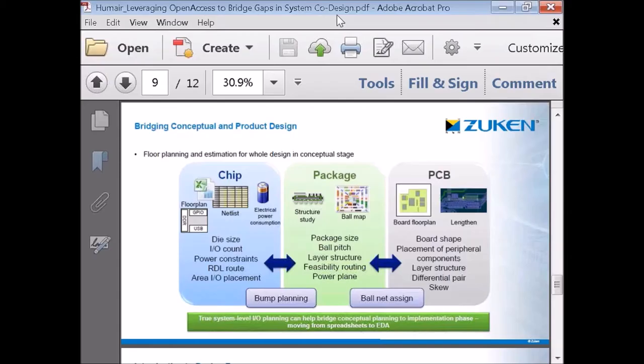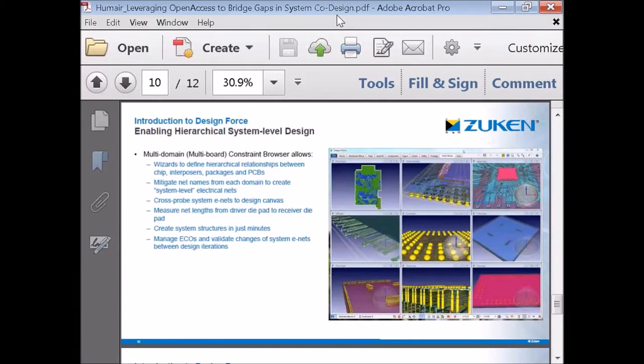And that allows very intelligent trade-offs and planning through the process. It also allows us to bridge a lot of the gaps between feasibility and production design. So if we can go to the next slide.